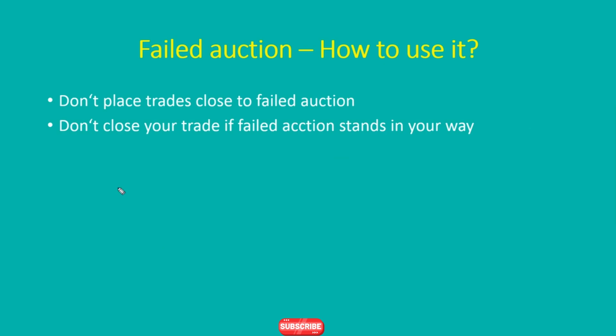Another way how you can use the failed auction in your trading is very similar to what I already showed you. Let's say that you are in a downtrend, you are in a short position, there is a downtrend, and then there's a failed auction at the bottom. Those three candles and at the same price level.